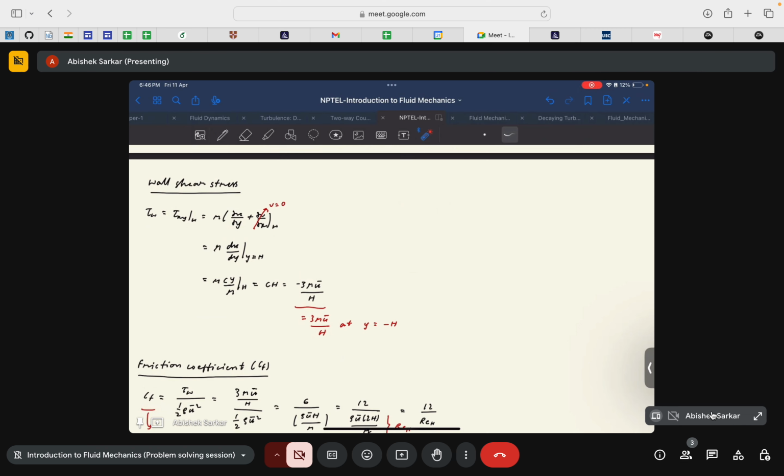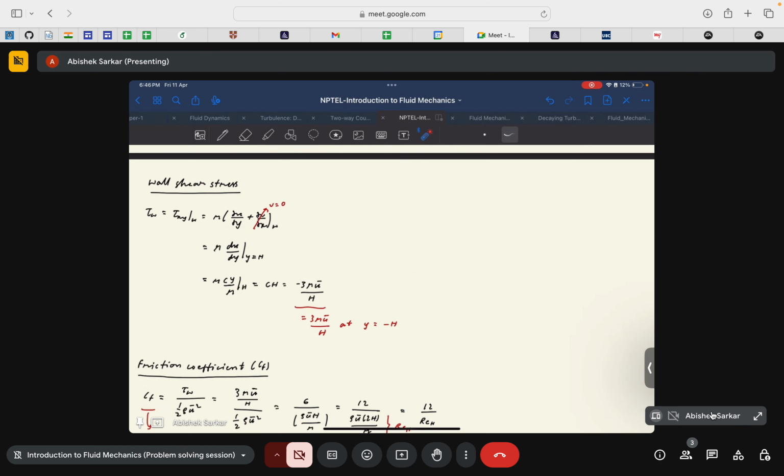So mu du by dy. At the wall, it will basically be y equal to h or minus h, whatever you want. Then if you do the derivative, you will get that this shear stress equals a constant value of c h, because both c and h are constants, and c is minus 3 mu u bar by h.